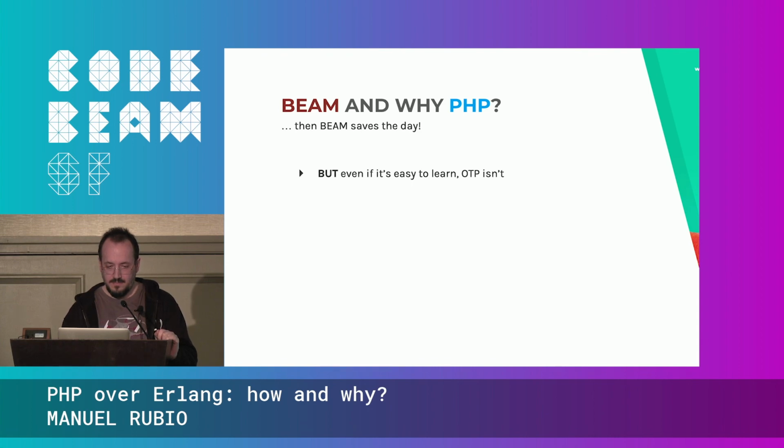Well, people can say, even if it's easy to learn, when we are talking about using Erlang, for example, or Elixir instead of PHP, if we are going to jump into OTP, isn't that easier, the proper language? Well, Elixir more or less is similar to Ruby, and that could be accepted. But Erlang is not, so it's weird. All the people that are starting to use Erlang say, well, that is so weird.